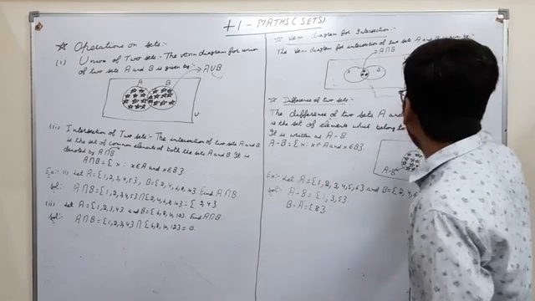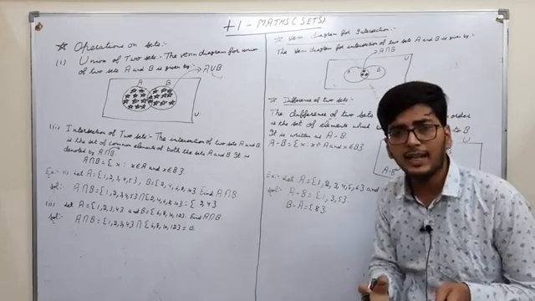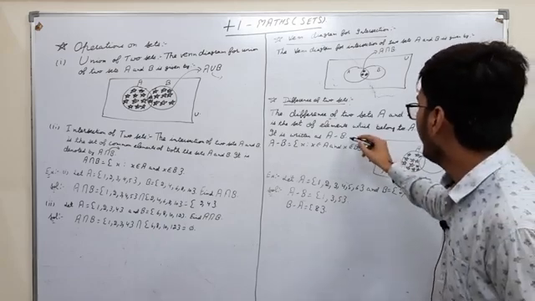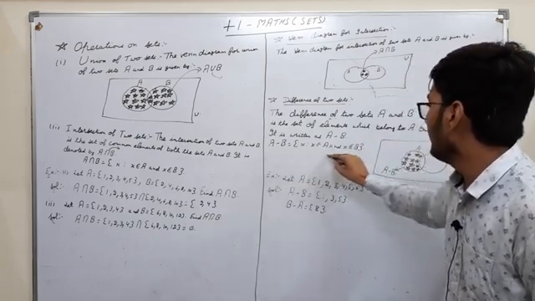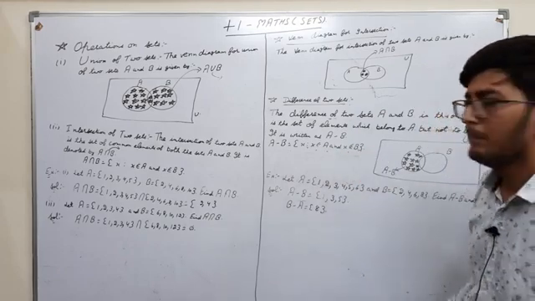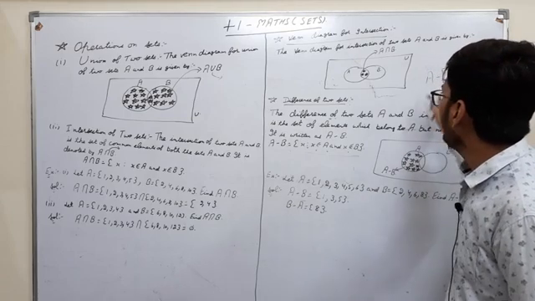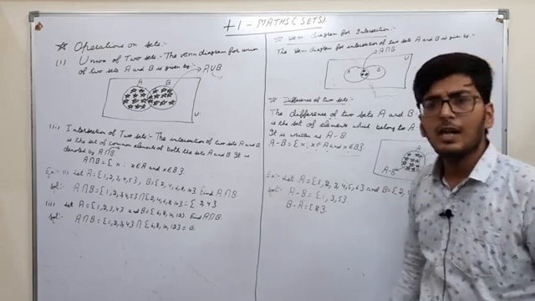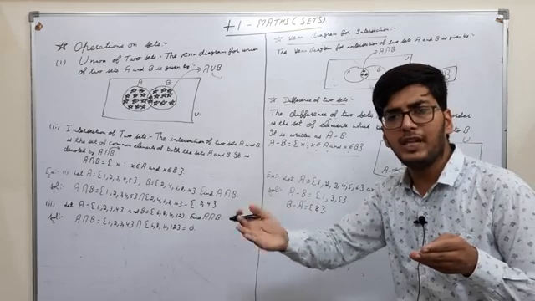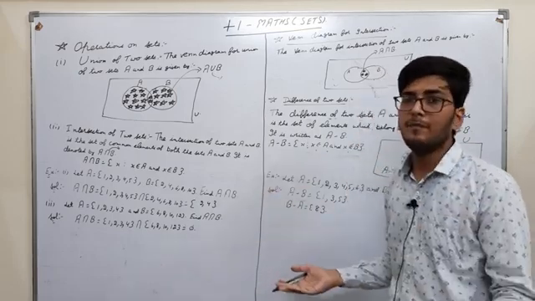Subtracting B from A, that means A minus B. It means we are not taking the elements of B but we are taking the elements of A. So A minus B will be the set of all those x such that x belongs to A and does not belong to B. Now A minus B means taking out B from A. That means we are taking out the elements of B from A, and we are left with only those elements which belong to A but not to B. Right?